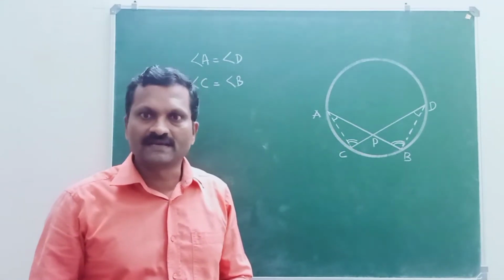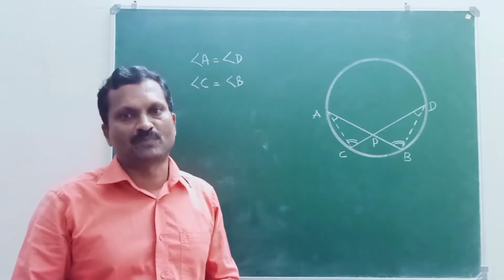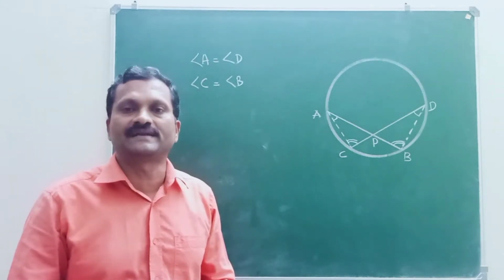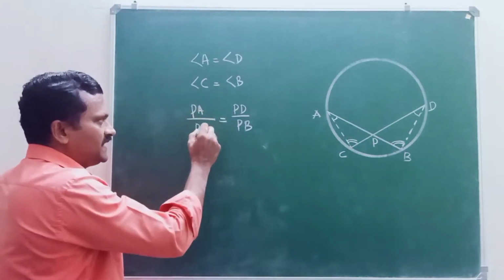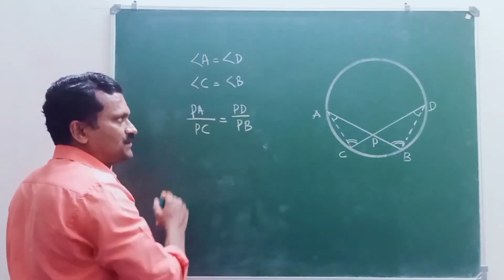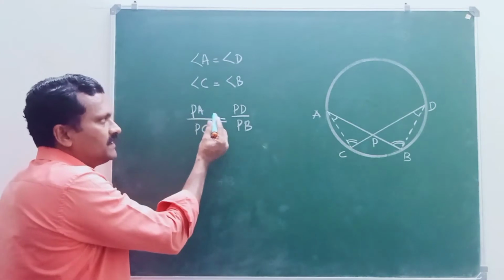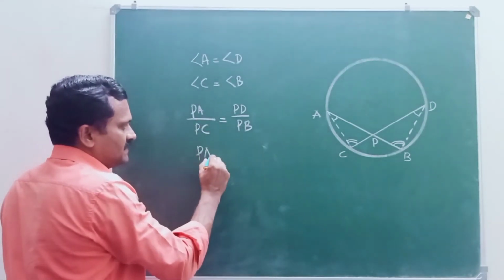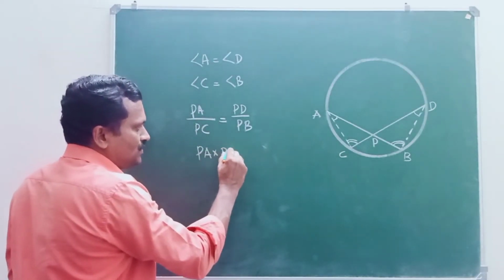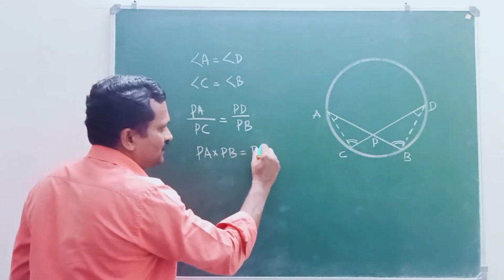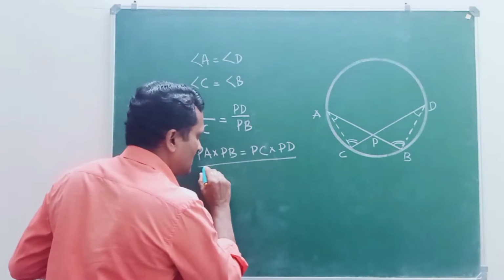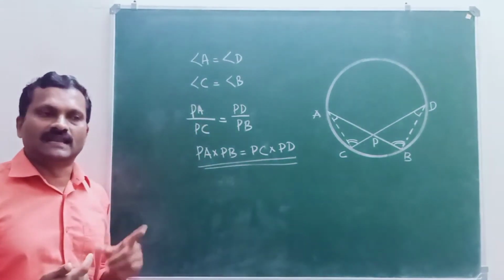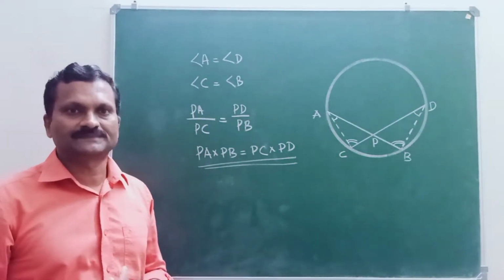It means that the sides are proportional. Corresponding sides are proportional. That is, PA by PC equals PD by PB. Taking cross multiplication, PA into PB equals PC into PD. That is the relation connecting the lengths of the chords.